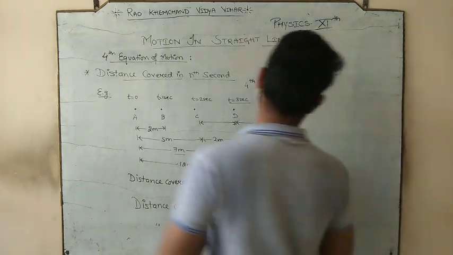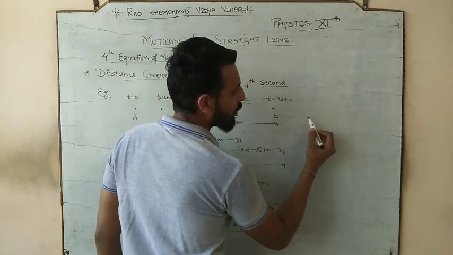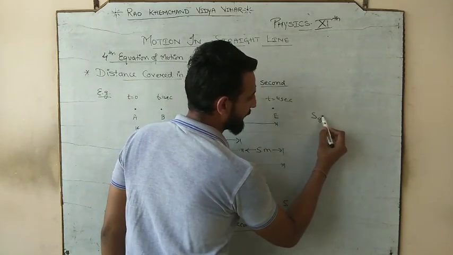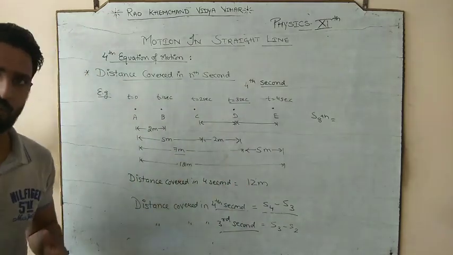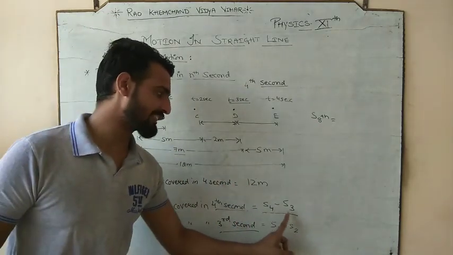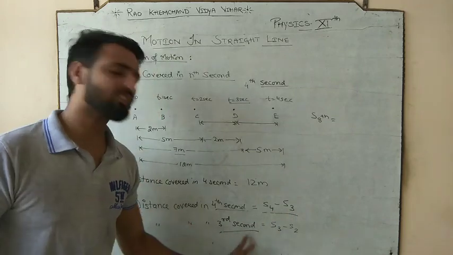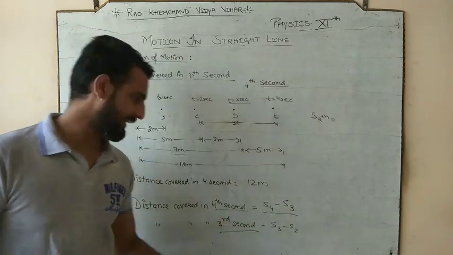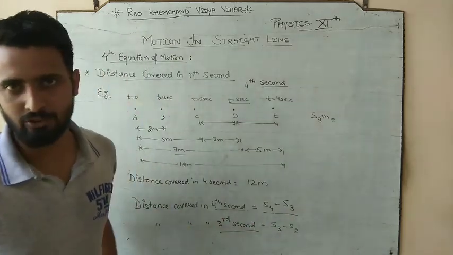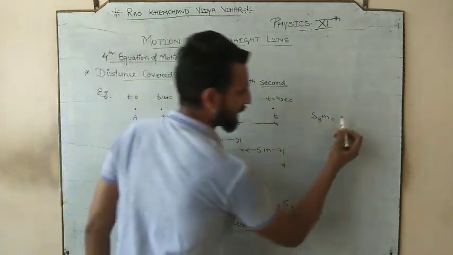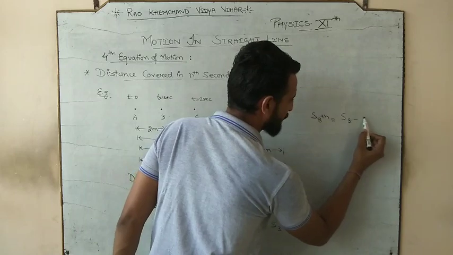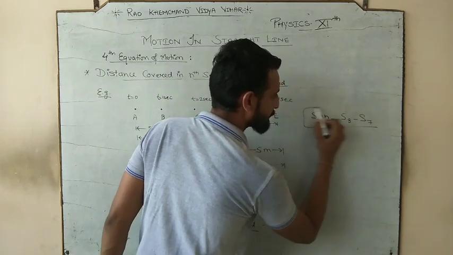So in a similar manner, if I randomly ask what is the distance covered in 8th second, randomly I am asking you. So the 4th second is S4 minus S3, the distance covered in 3rd second is S3 minus S2. So if I randomly ask, this would be S8 minus S7.